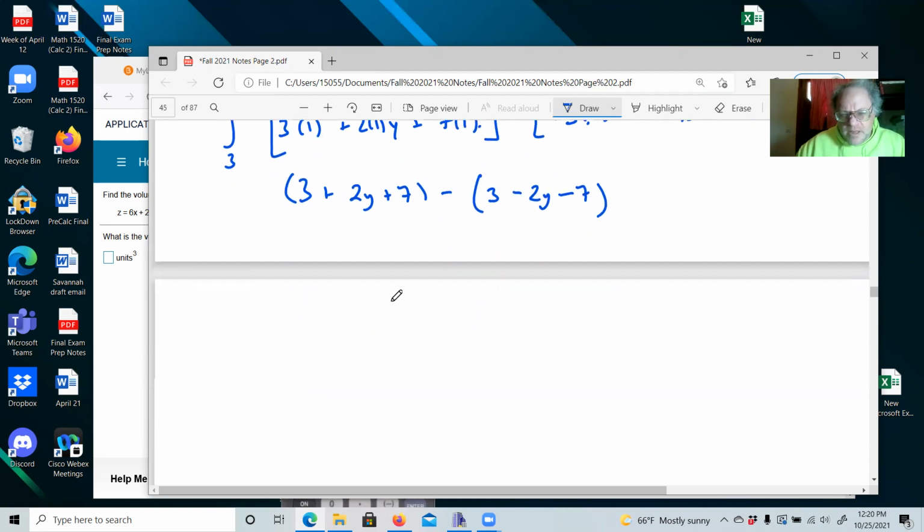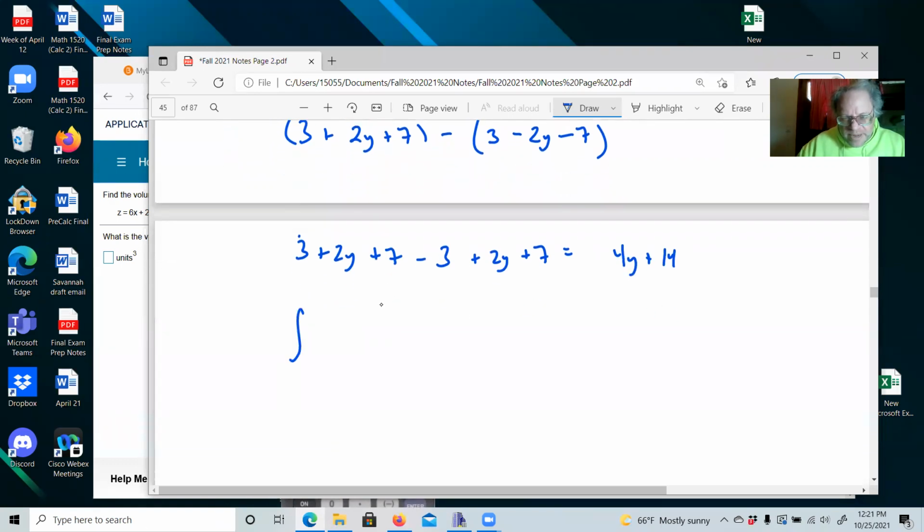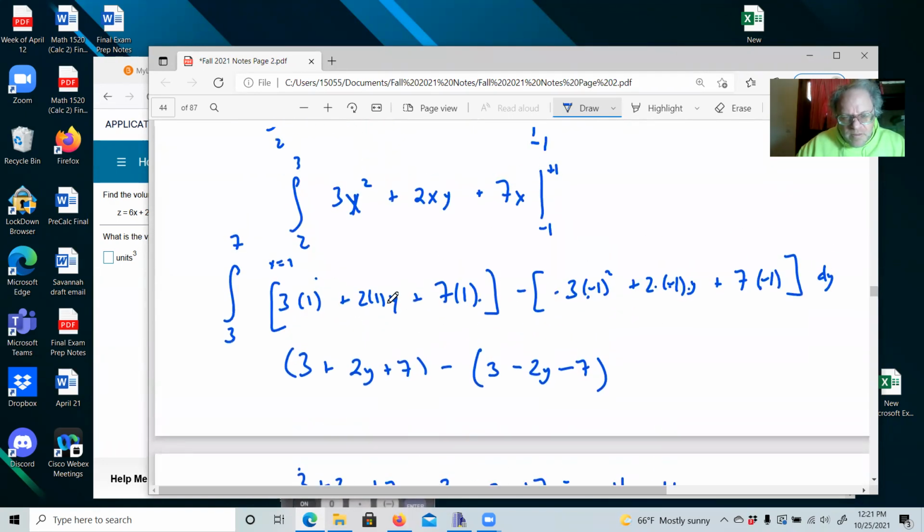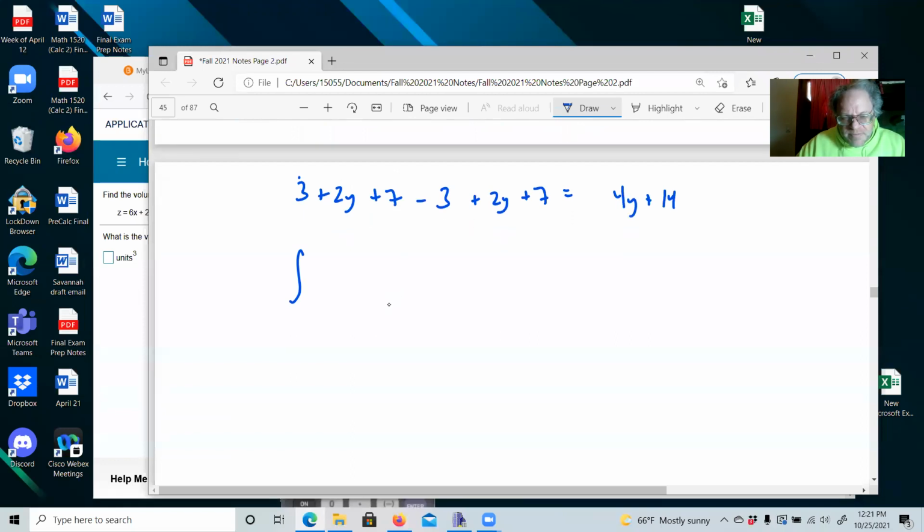So we have 3 plus 2y plus 7 minus 3 minus 2y minus 7, so we have 4y plus 14 here. Okay, so integrate 4y plus 14, dy.